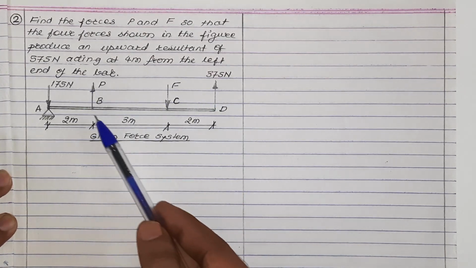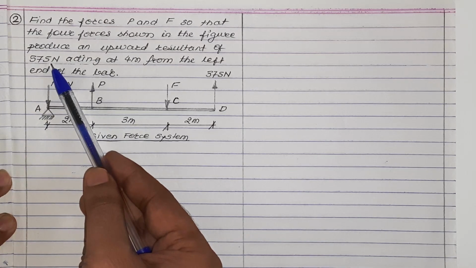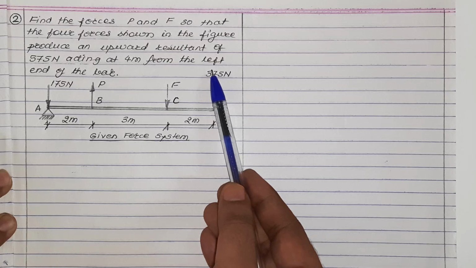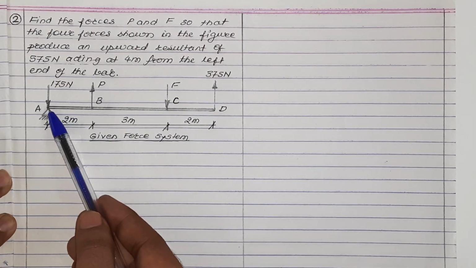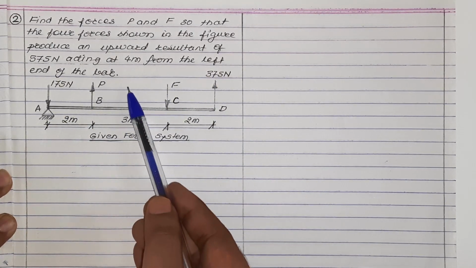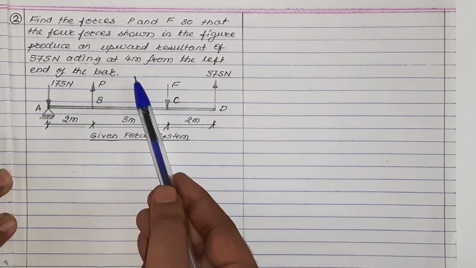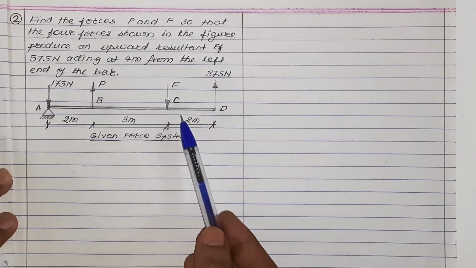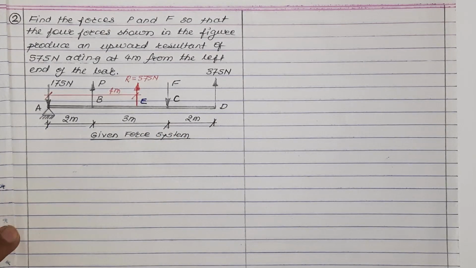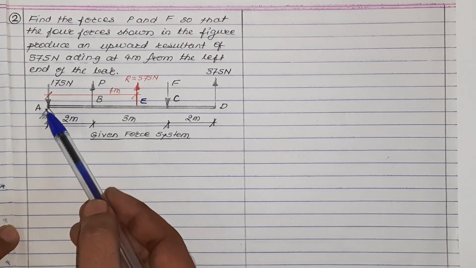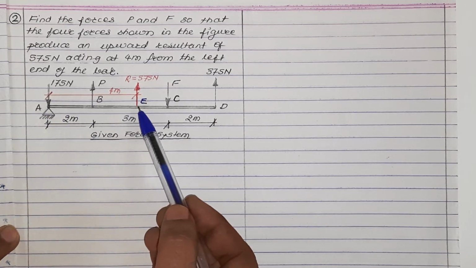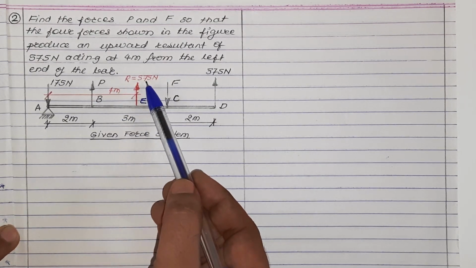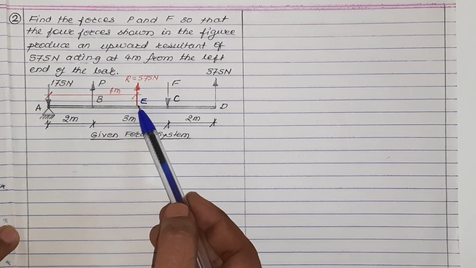For this force system, the resultant is 575 Newton which is acting at 4 meter from the left end of the bar. That means from left end A on its right hand side at 4 meter distance, an upward resultant force is acting. So let us show that resultant force in this diagram. Thus, from point A on its right hand side, point E is located at 4 meter distance and resultant 575 Newton upward is shown.